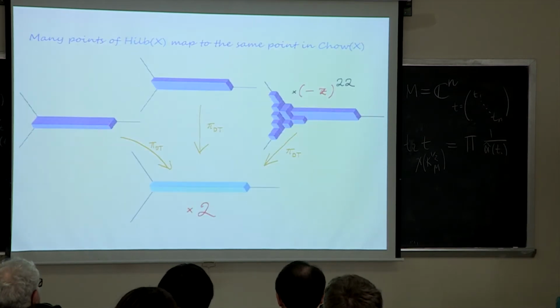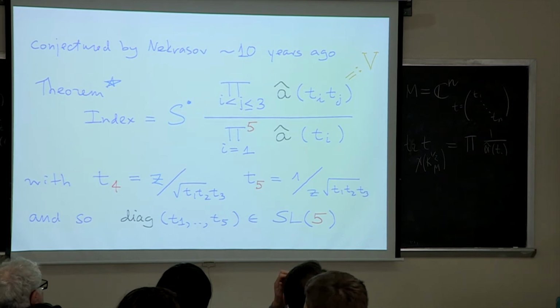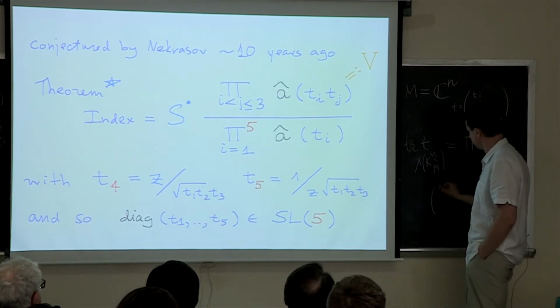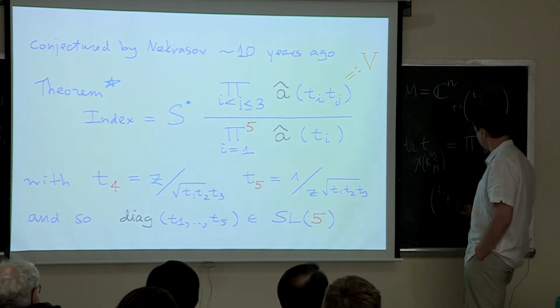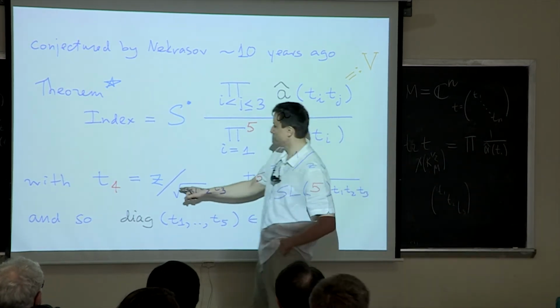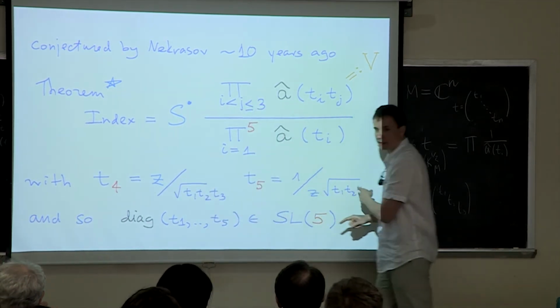So let's just go back to this formula. Remember, we had T1, T2, T3 in 3 dimensions. And we made T4 and T5 so that, first of all, their product is 1.